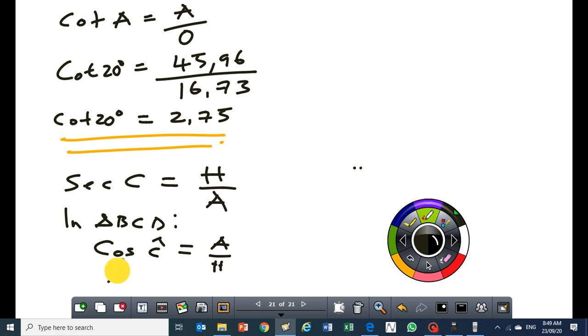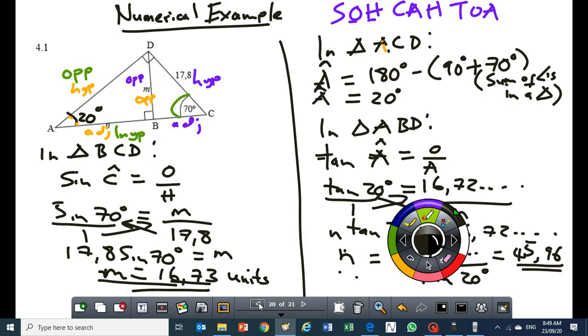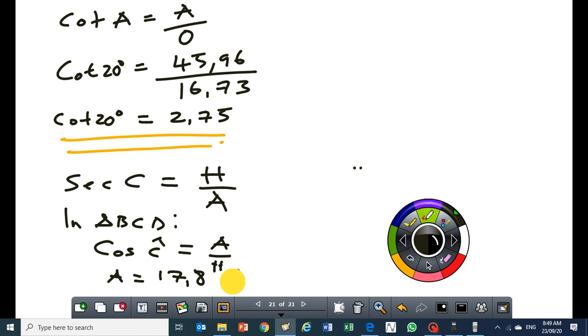I hope you can agree that I can just multiply this hypotenuse by cos C. So you get 17,8 times cos 70 degrees. What does that give you?